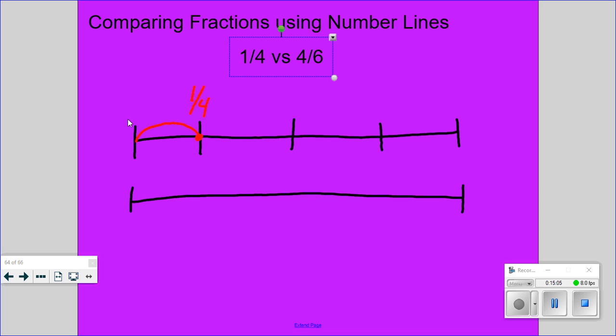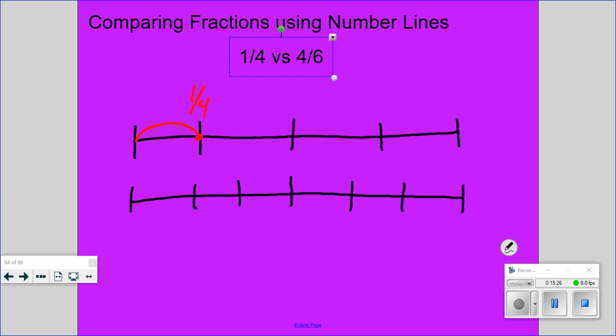How many pieces will I need if I'm trying to show 4/6 on my number line? Shelby? 6. Is 6 an even number? Yep, let's start in half. Then I need 3 on this side, 3 on that side.